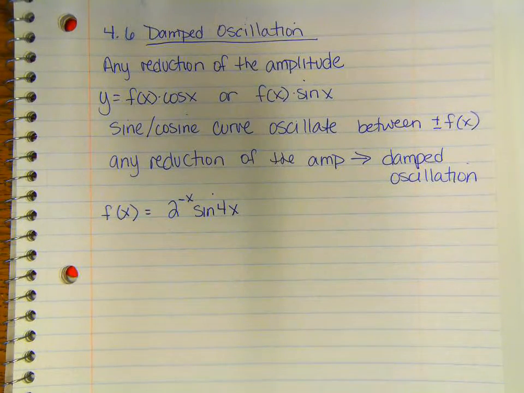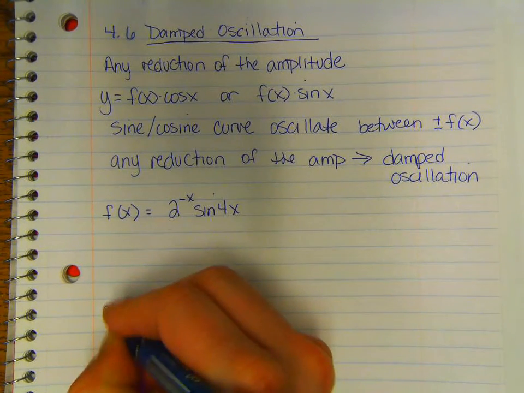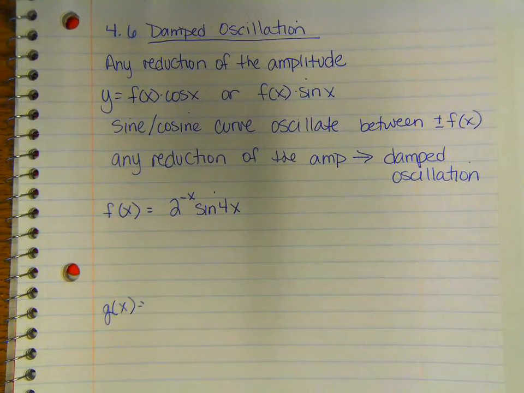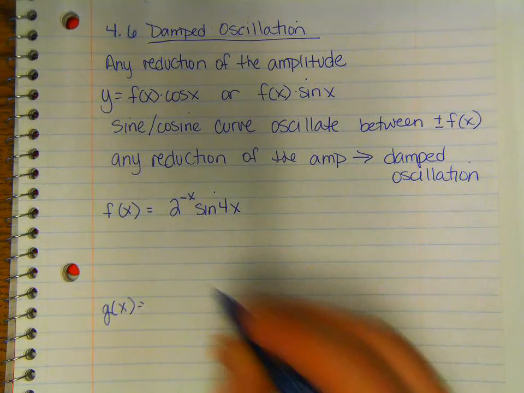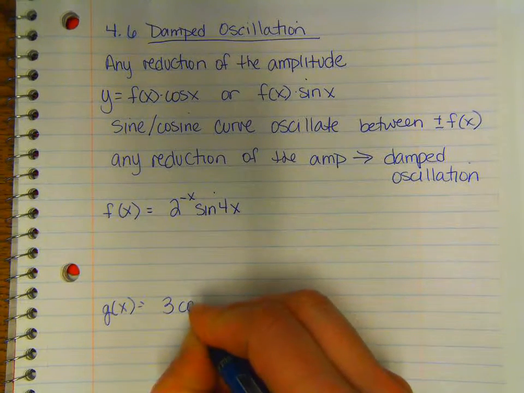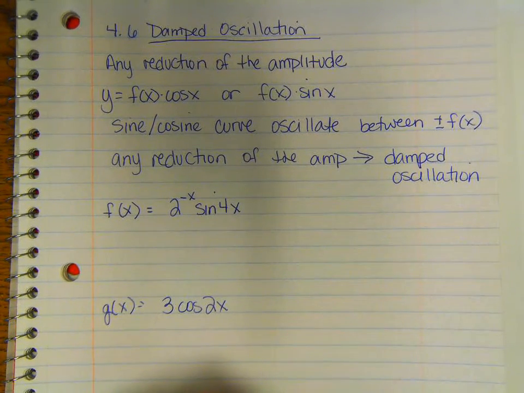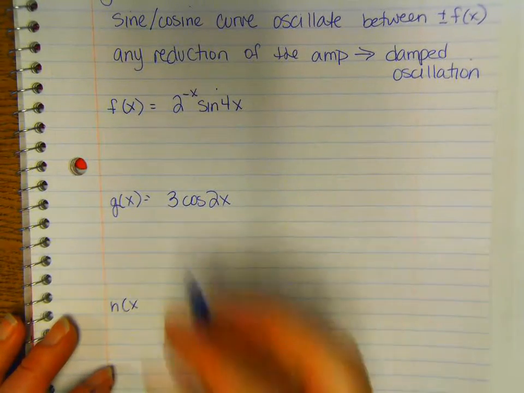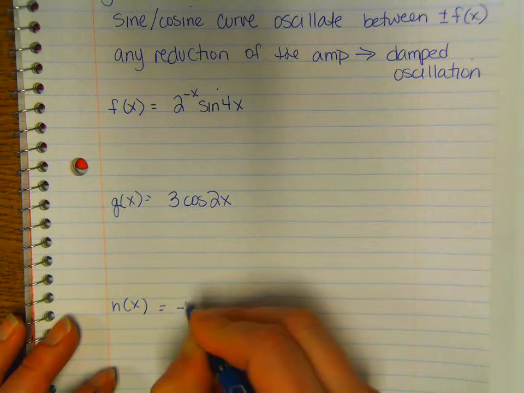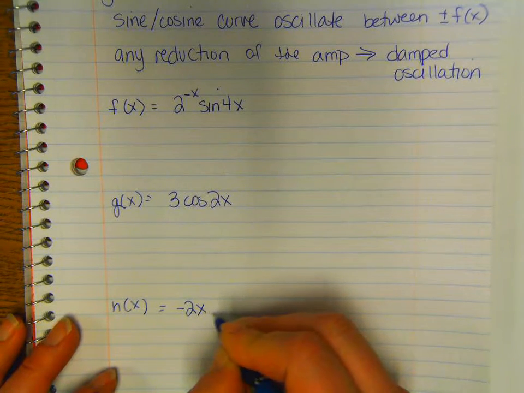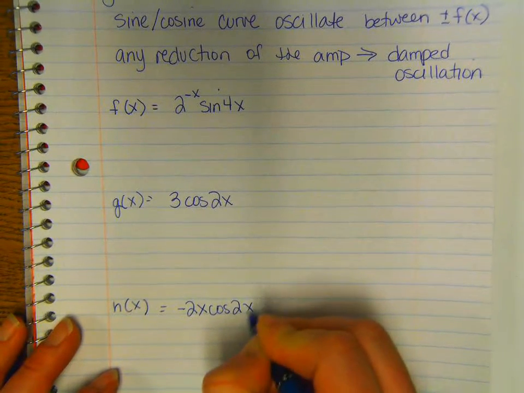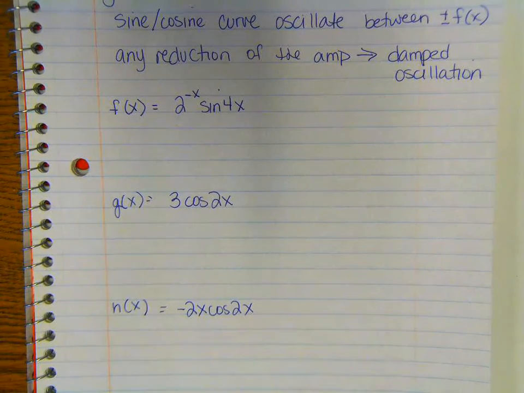Then we're going to look at g of x equals 3 cosine 2x. And then, again, we're going to leave some space. We're going to look at negative 2x cosine of 2x. Okay.